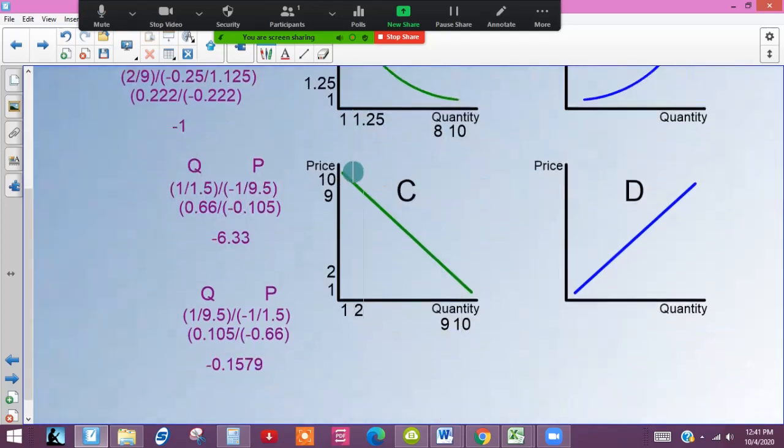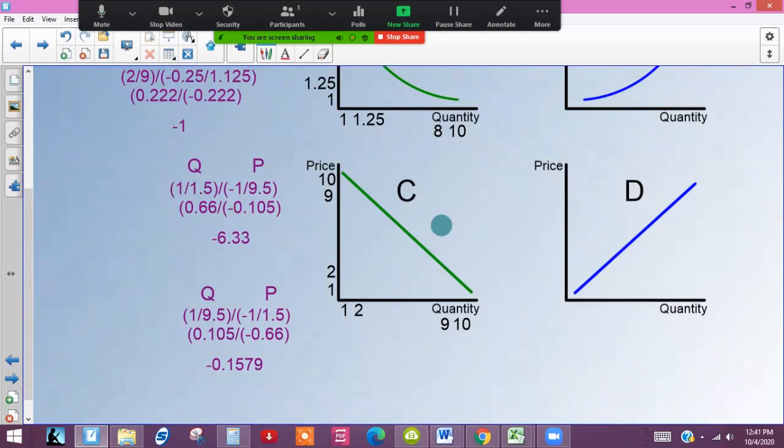Because the mistake a lot of students make is they assume that because the slope is constant here, and it is because it's linear, this curve has a constant slope, but does not have constant price elasticity of demand.